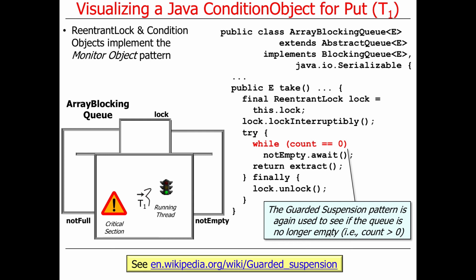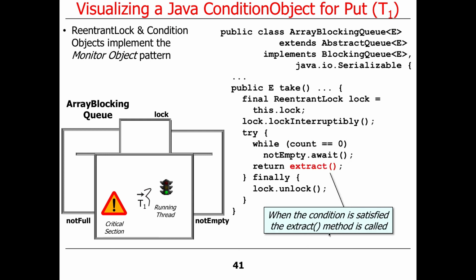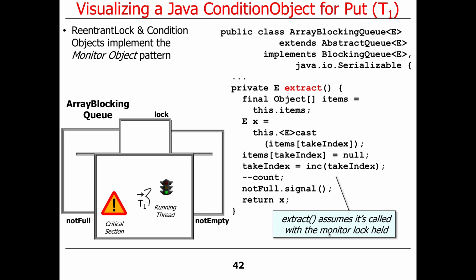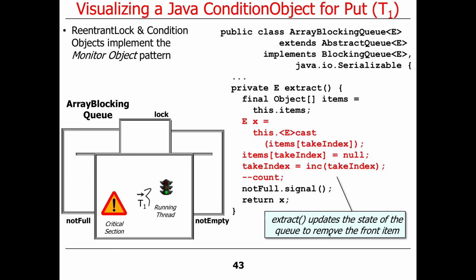So we do the check. We discover, for sake of argument, that count is no longer 0 because there's at least one item in the queue. So that succeeds. And then we go ahead and call extract with the lock still held. And the extract method, as you can see here, goes ahead and essentially takes the next item out of the queue, futzes around with the take index to increment it by 1, wrapping it if necessary, decrements the count.